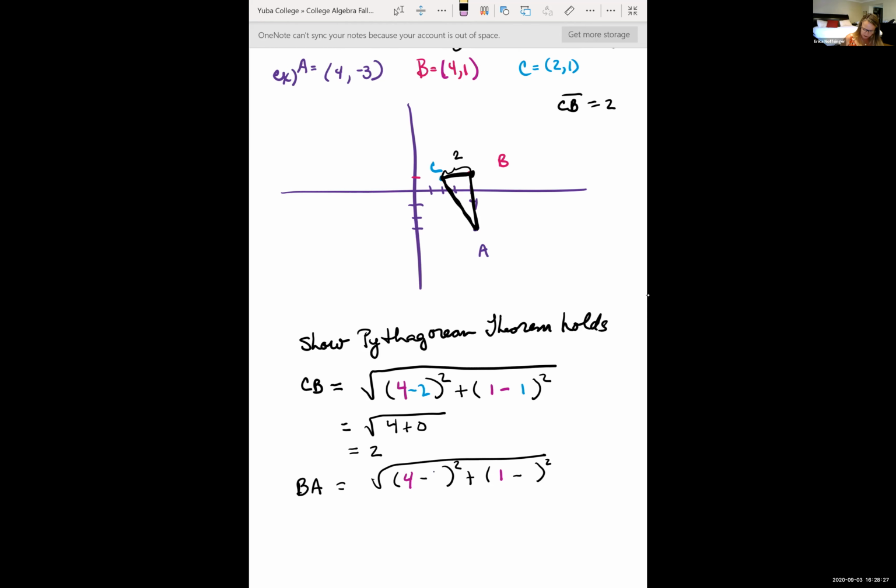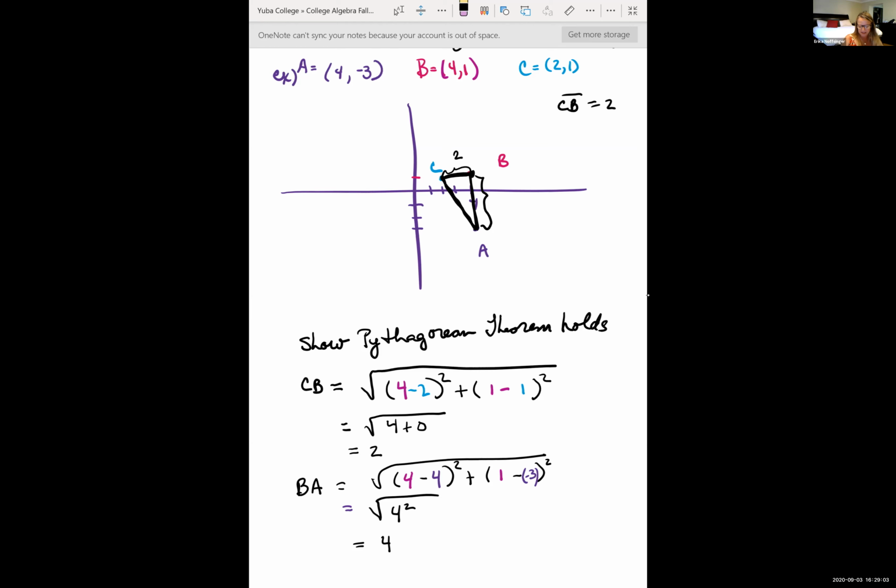1 minus 4 and 1 minus -3. So this is equal to the square root of 4 minus 4 squared is 0 squared, which is 0, plus 1 minus a negative 3, well, minus a negative is plus, so 1 plus 3 is 4. 4 squared, 16, and the square root of 16, or the square root of 4 squared, is 4.